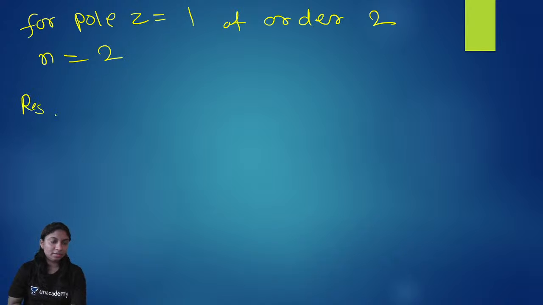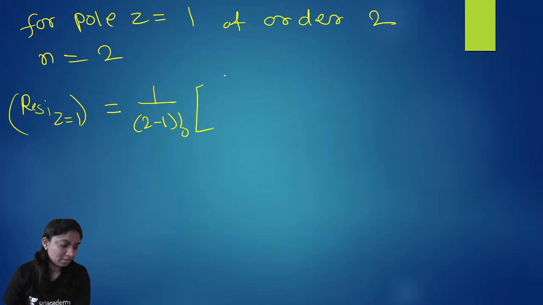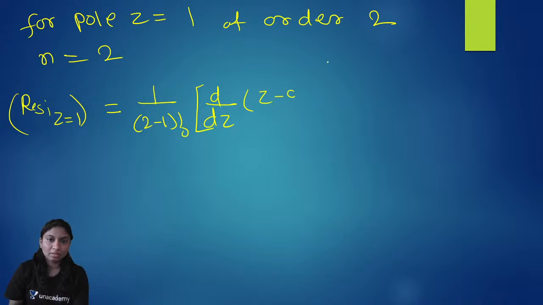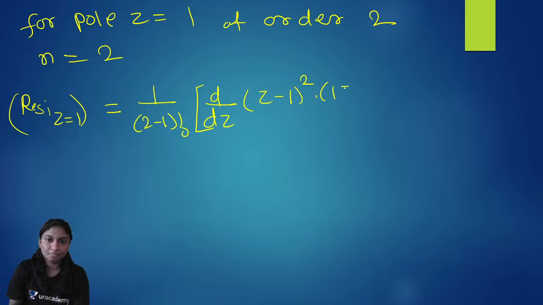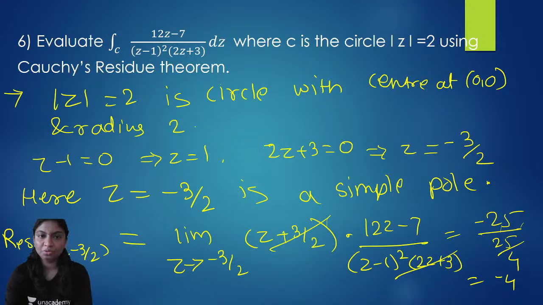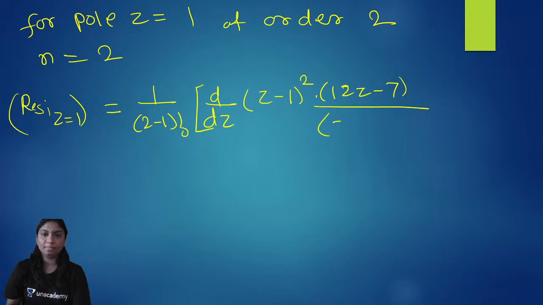Residue at z is equal to 1 is equal to 1 upon (n minus 1) factorial, into d raised to n minus 1, so 2 minus 1, that is d by dz, of (z minus a) to the power n, that is 2, into f of z. f of z is 12z minus 7 upon (z minus 1) bracket square into 2z plus 3.